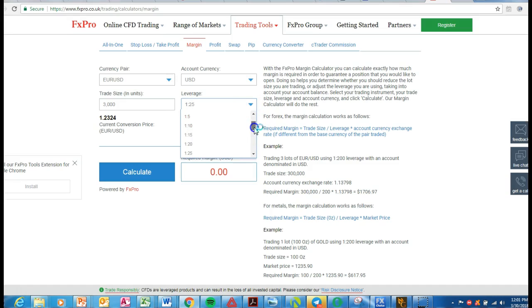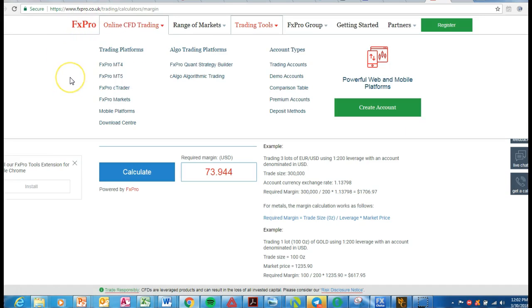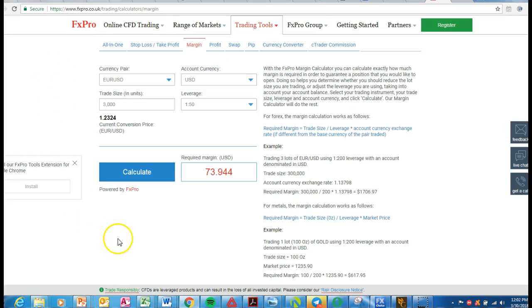It's 50 to 1 on Euro US dollar. So let's put that in. Then I would need about $74 for that particular trade. So this may help too if you go to fxpro.com or just type in margin calculator in your Google search. You'll get these sites, so that might help too.